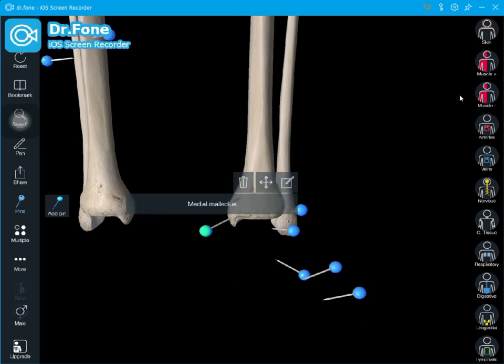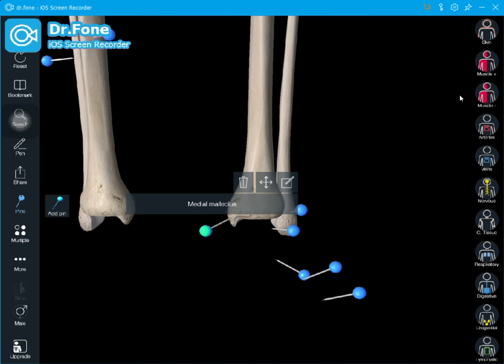As I said before, your ulna has a styloid process. Your tibia has a medial malleolus. They're both sharp processes at the tip of the bone.